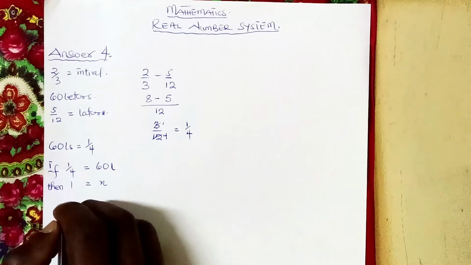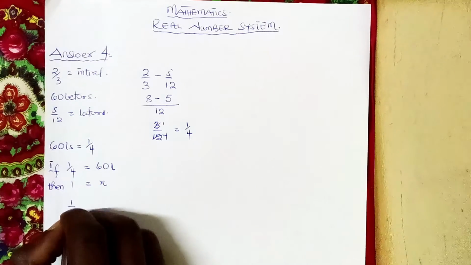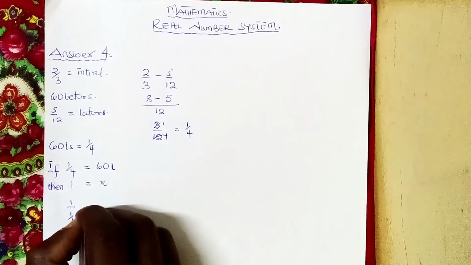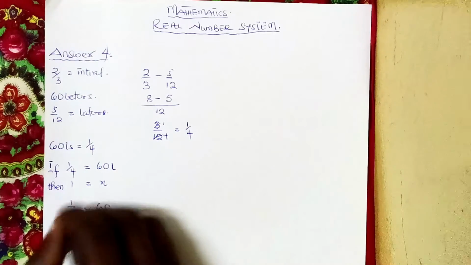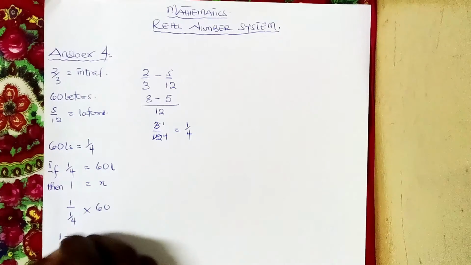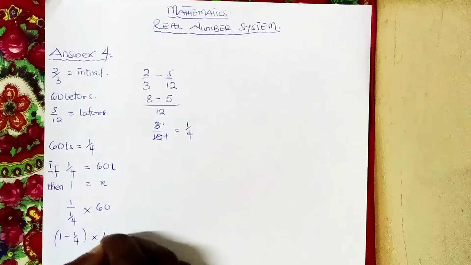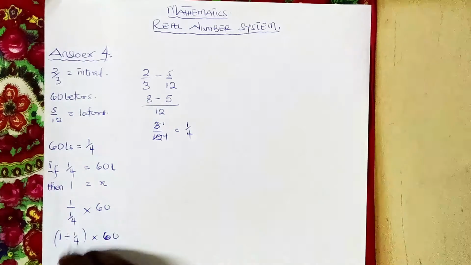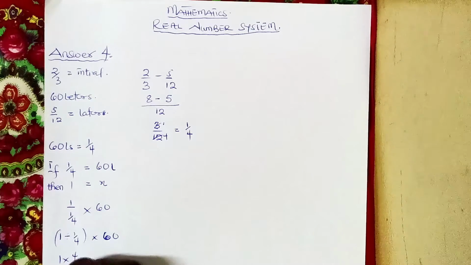So with this, we have 1 over 4 times x equals 60. Changing this, you get 1 divided by 1 over 4, or by 60. You reciprocate this side, so we have 1 times 4 over 1 times 60.